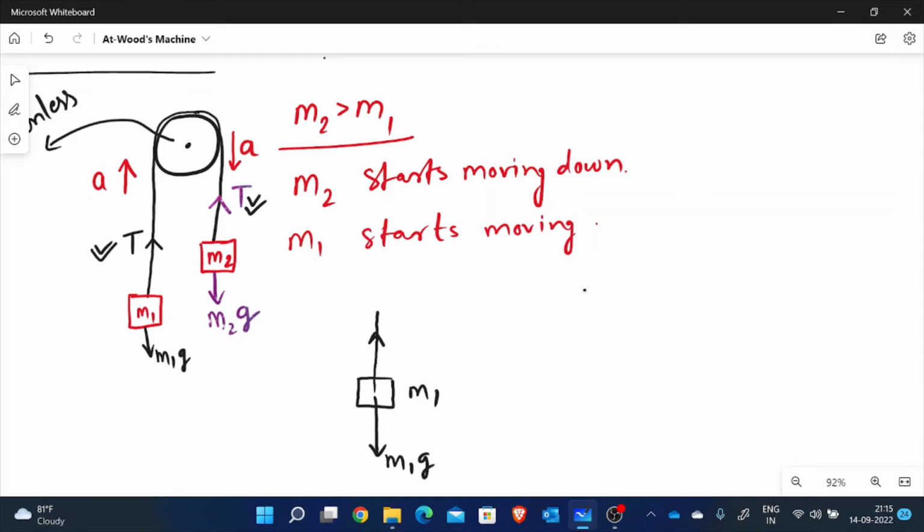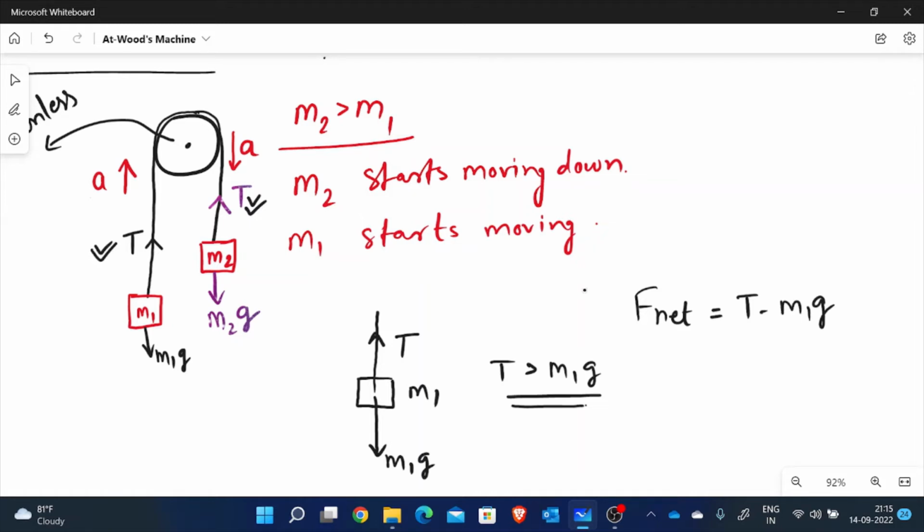Since mass M1 is moving up, it shows that tension T is greater than M1G. And if this is the situation, it means there is F net. So F net on M1 could be written as T minus M1G.